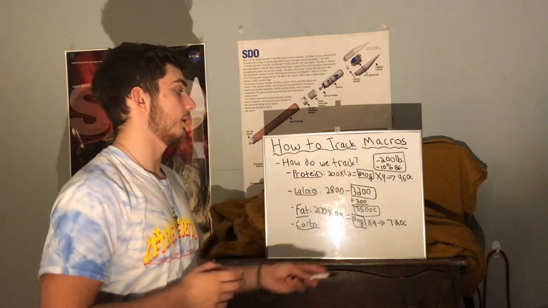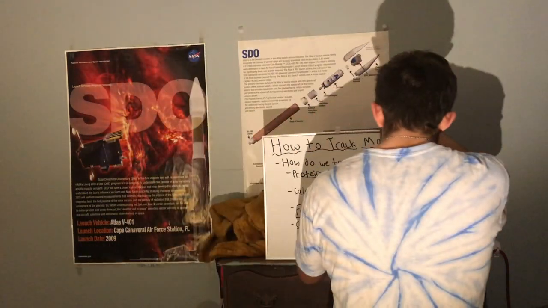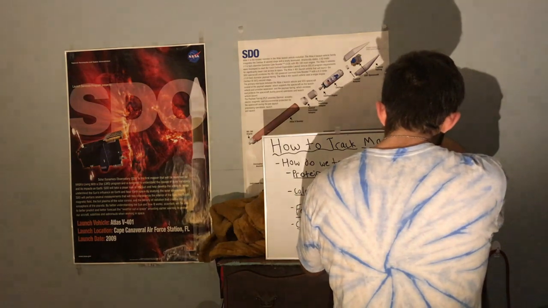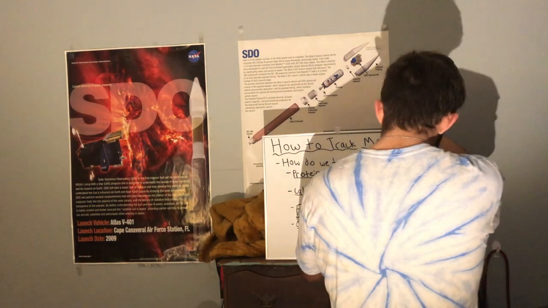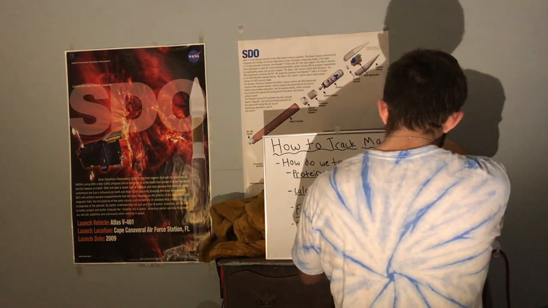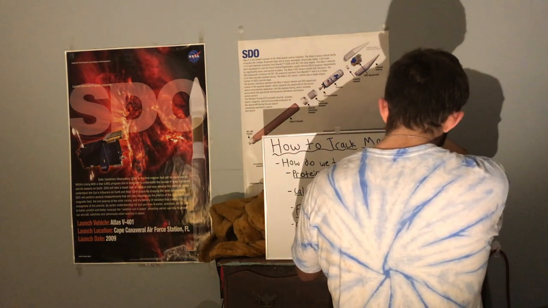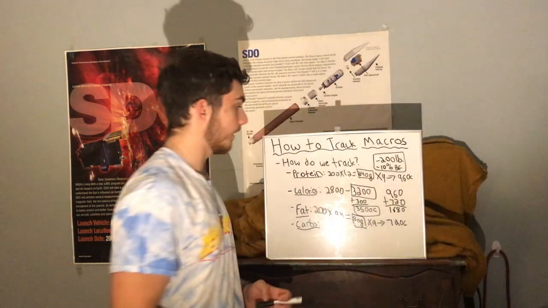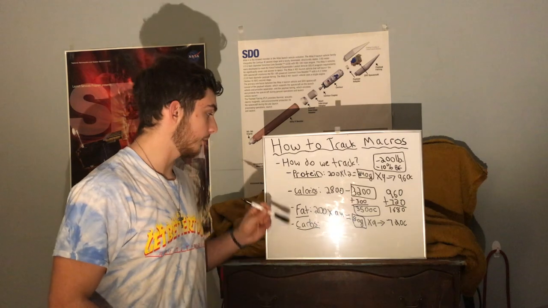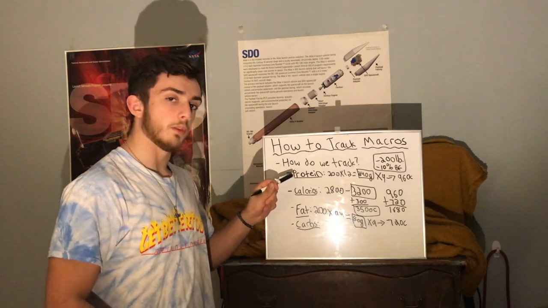Now we're going to add them together. So 960 plus 720. That's going to give us a grand total of 1,680. So 1,680 calories from the fat and the protein.